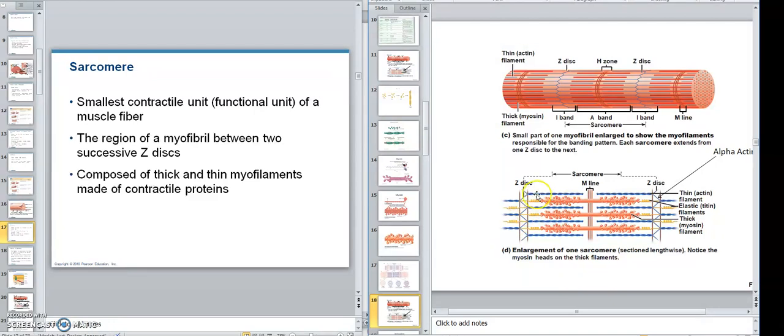Now that means if that's the case, then this I band would have a Z line or Z disc right in the middle. It would be where there's no myosin. And see, there's that Z disc right there. So the I band is where there's only actin and no myosin. Okay? Now, then we go to the A band.